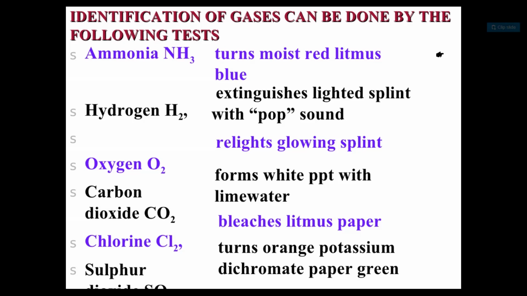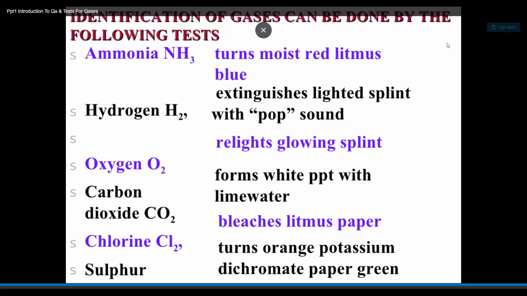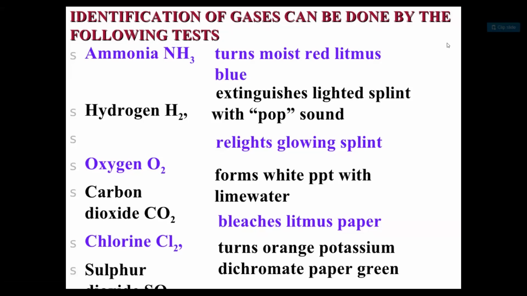If a glowing splint is inserted into oxygen, the glow would be enhanced. The fire would increase, or we can say the flame would get bigger. So oxygen aids in combustion.